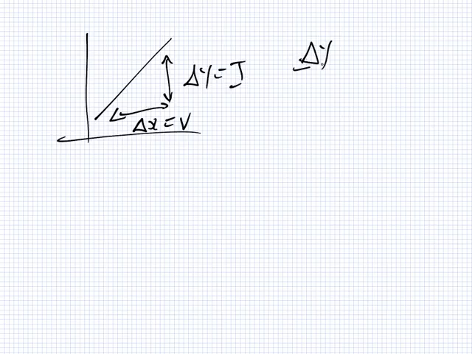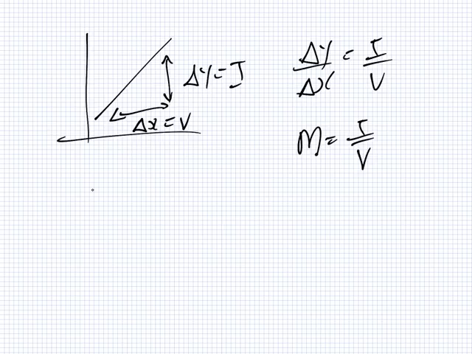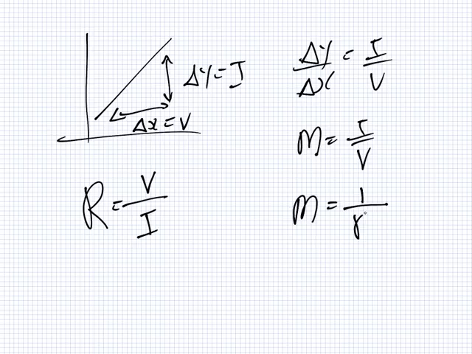So what is delta Y over delta X? That's current over voltage. So the slope is the current over voltage. But what's the formula for resistance? It's V over I. So actually, the slope represents 1 over the resistance.